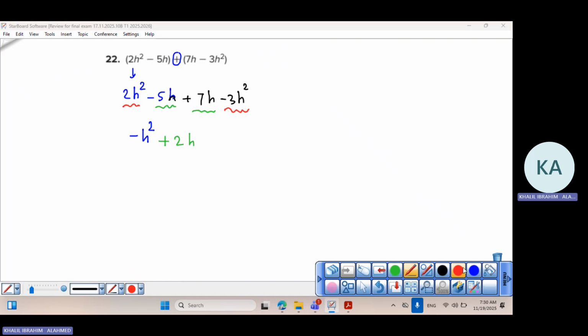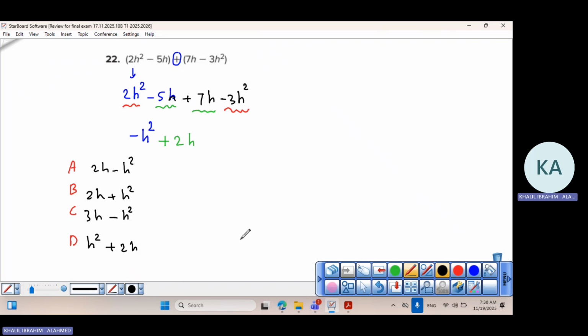Here is how the question comes in the final exam as an MCQ, multiple choice question, A, B, C, D. To select the correct answer, maybe 2h minus h square, 2h plus h square, 3h minus h square, h square plus 2h.